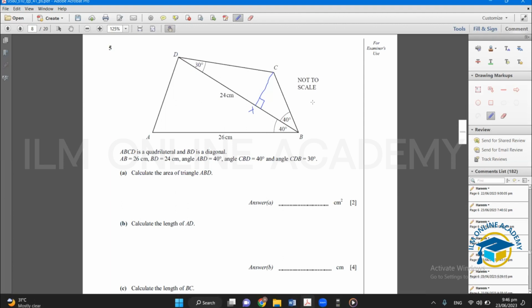Now, if you can recall, what's the formula for the area of a triangle? It's basically 1/2 base into height. That's the basic formula, but it does not contain the angle part.